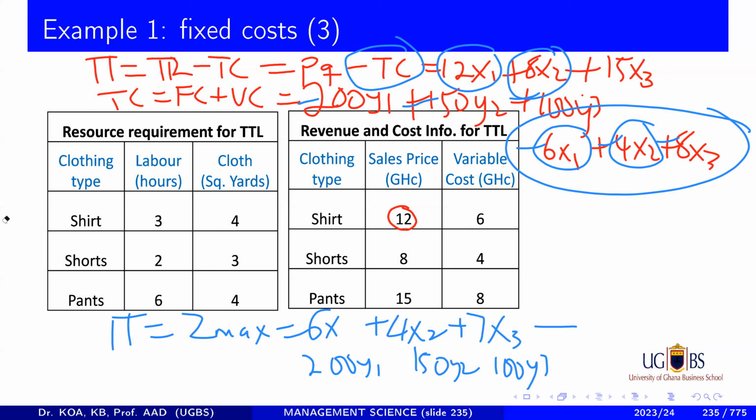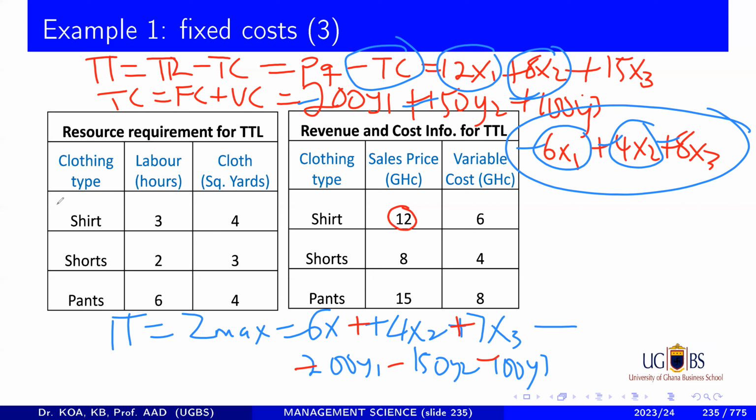Okay. Now, so you have plus here, you have plus there, you have minus, you have minus, you have minus. That's our profit. Any question with the profit function?